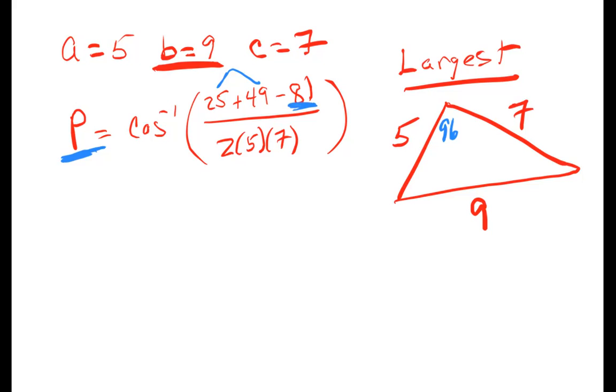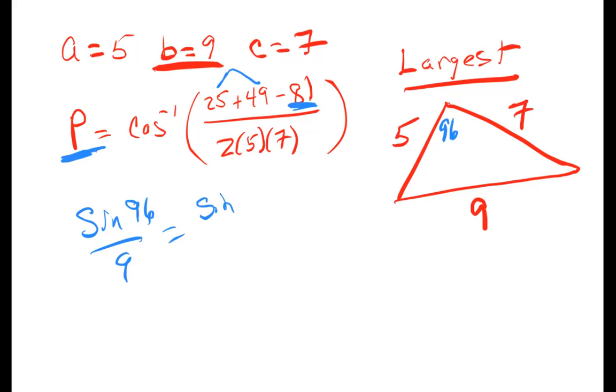Once we have that, we just have to find one more angle, and then we can use angle addition. It doesn't matter which one anymore, but I'll find the smallest one.